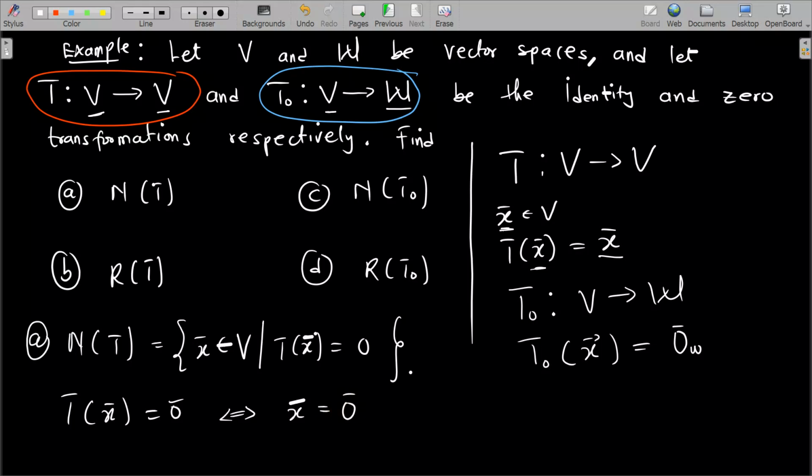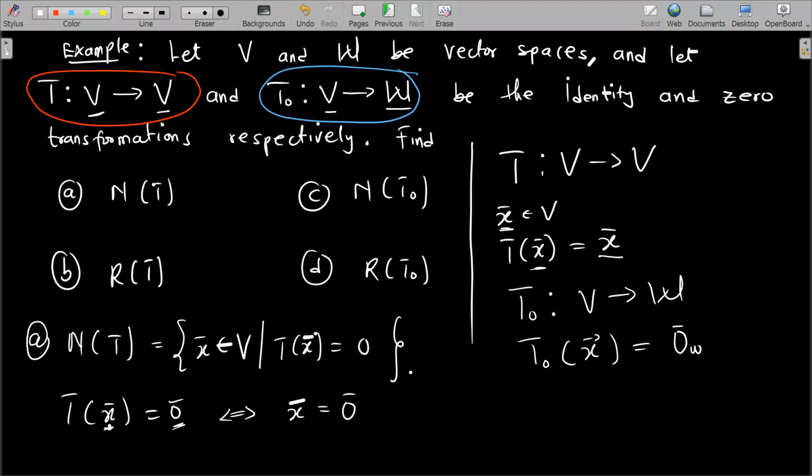Why? Because it takes an element and gives us the same thing. So imagine X is not equal to 0, then the transformation of X will be equal to X, which is not equal to 0. But we want to get a 0 vector, right? So this will only happen for the identity transformation.